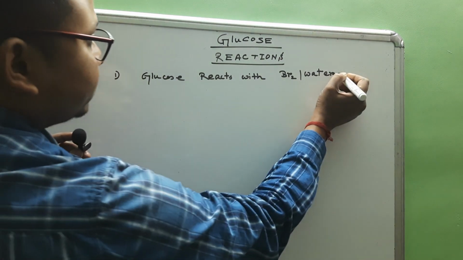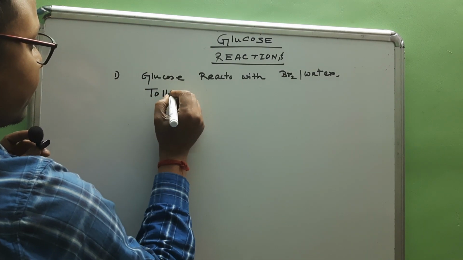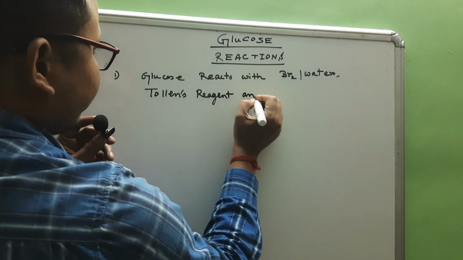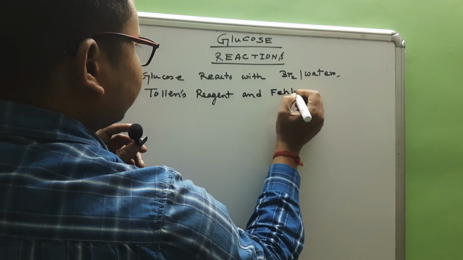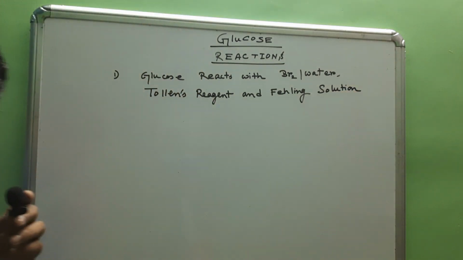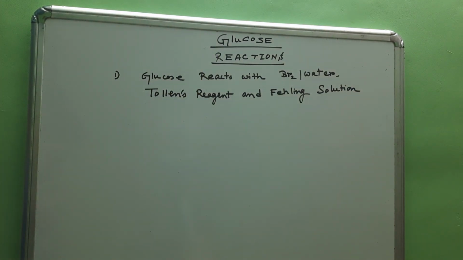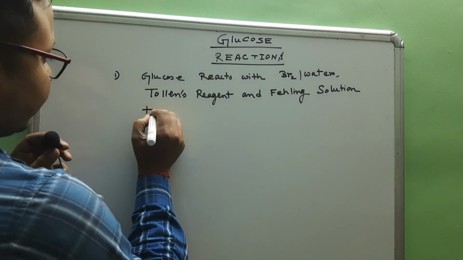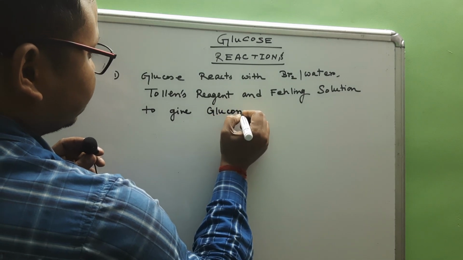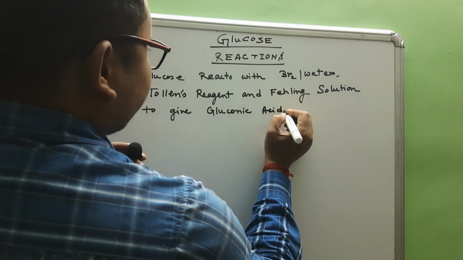Glucose reacts with bromine water, Tollens reagent, and Fehling's solution as well, to give gluconic acid.